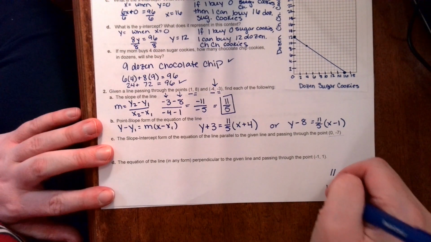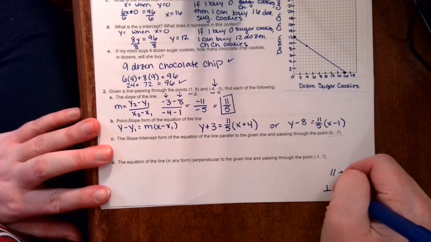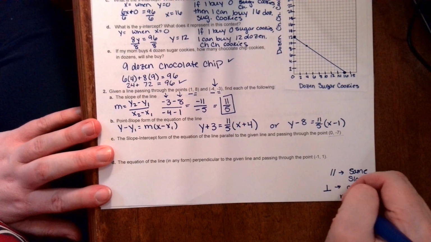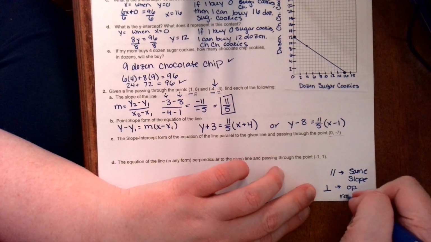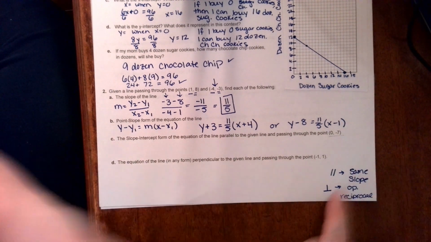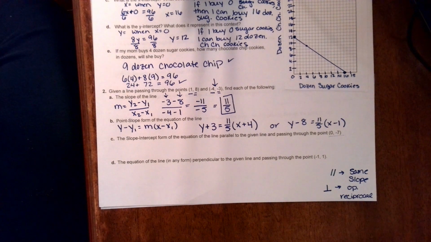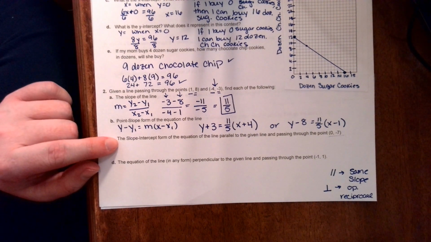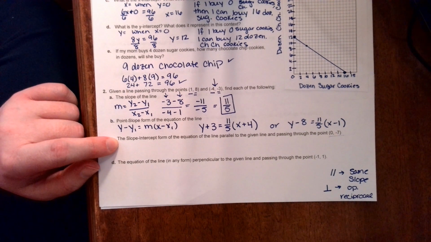Okay, perpendicular lines, their slope is the opposite reciprocal. See if I can fit this. And we'll get to that over here. Okay, so we want this to be in slope-intercept form.